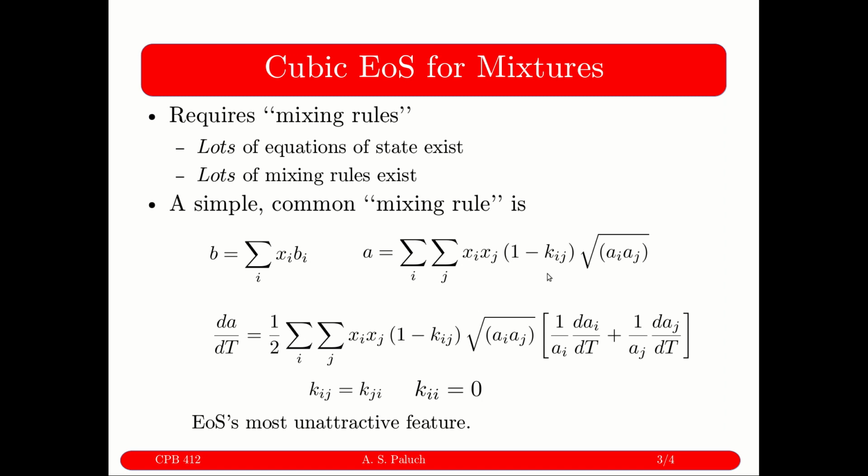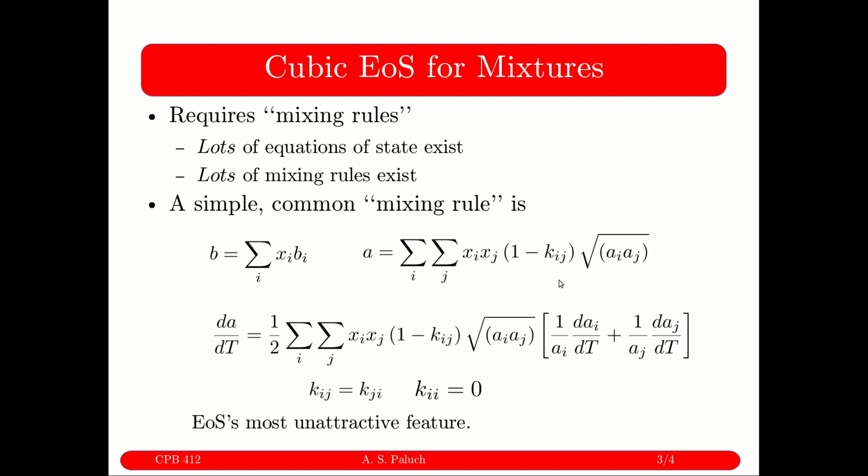When Kij is greater than 0, then 1 minus Kij is going to be less than 1. So we're scaling down the cross interactions relative to what we would predict via that geometric average. And when Kij is less than 0, we would strengthen our cross interactions relative to that geometric average. Okay, and so we'll look at a couple of examples and see what this means in practice.